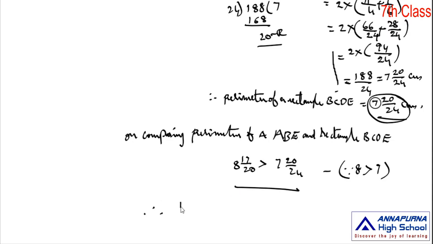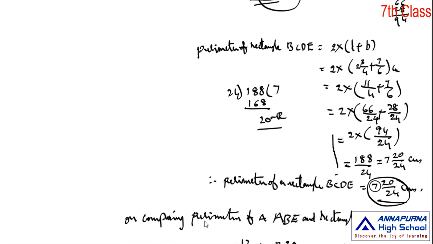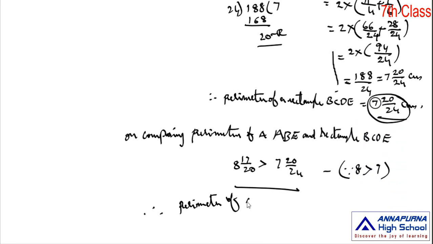Therefore, perimeter of 8 17 by 20 means it is triangle. Therefore, perimeter of triangle ABE is greater than the rectangle. That's it.